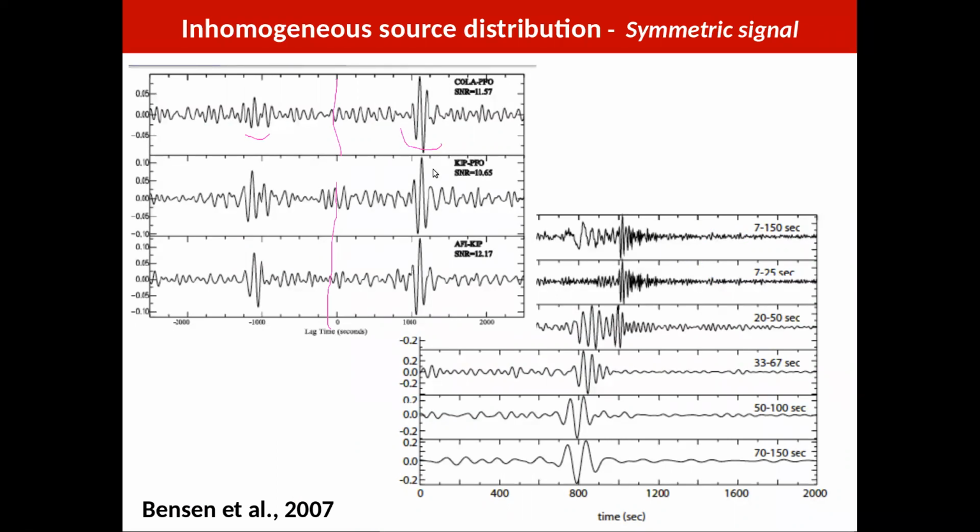Sometimes people will just take the part of the data that has the highest amplitude. That's because, as you will see when we talk about signal quality control, you have a good signal to noise ratio in this part than in this part of the timeline.